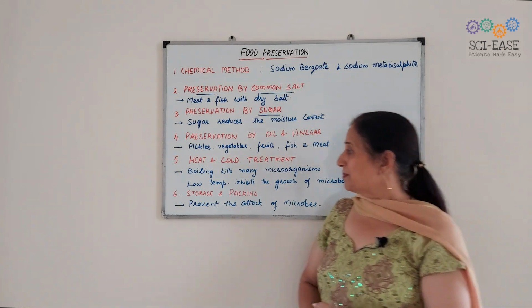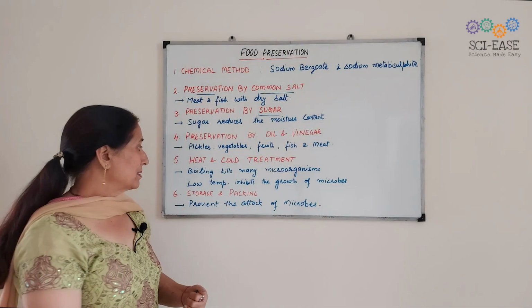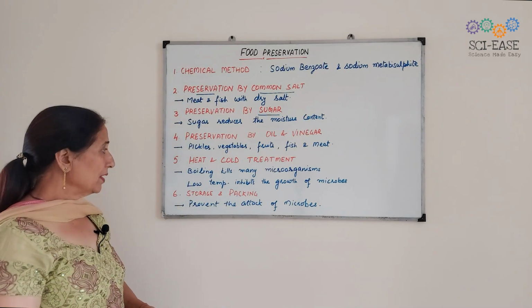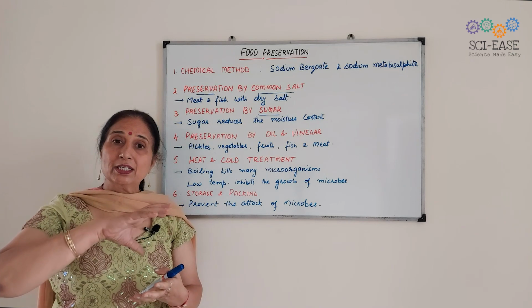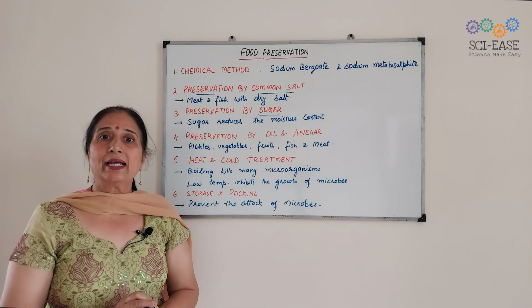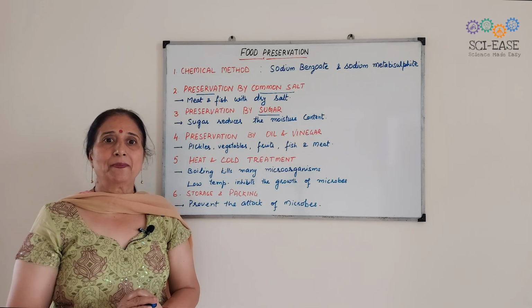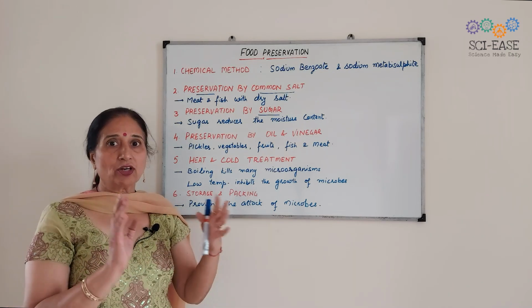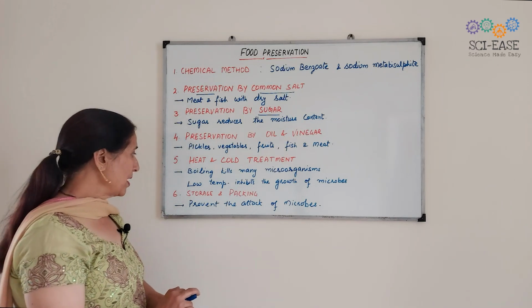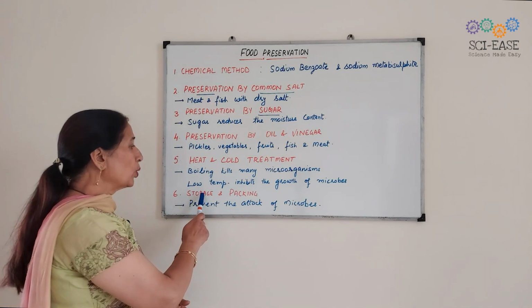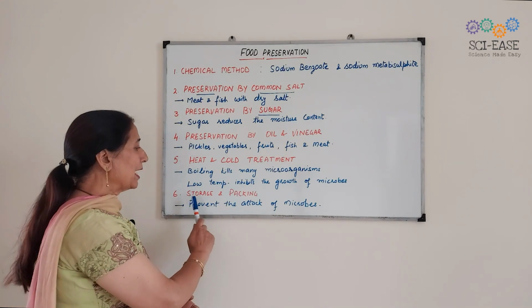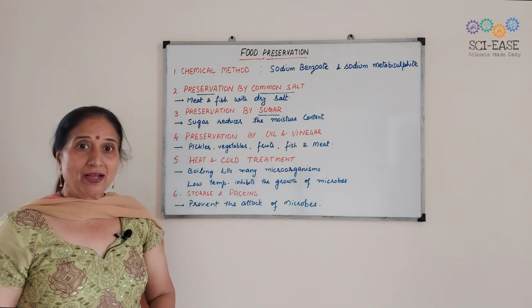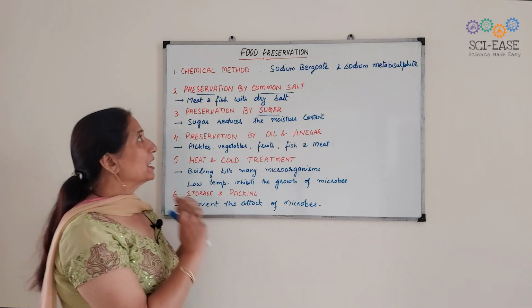Now, the last method is storage and packing. When food is stored in airtight containers, there is less chance of attack by microorganisms. So, storage and packing prevent the attack of microbes. So these things must be clear to all of you.